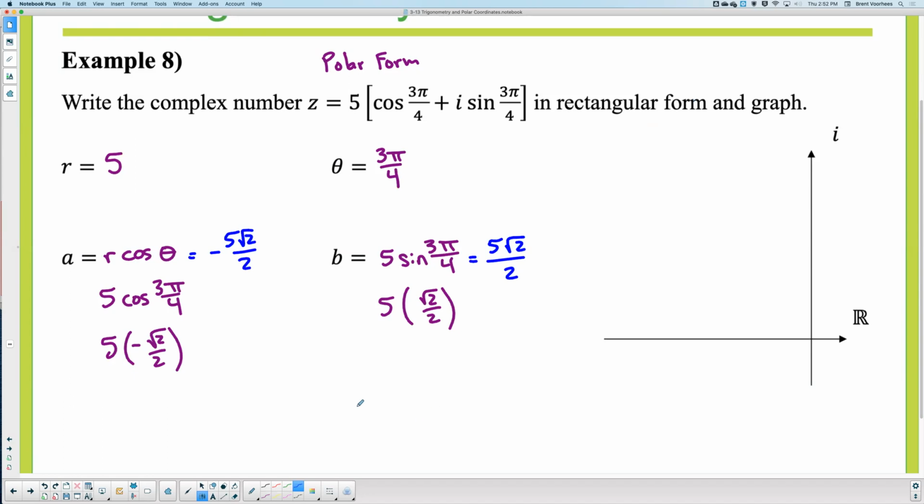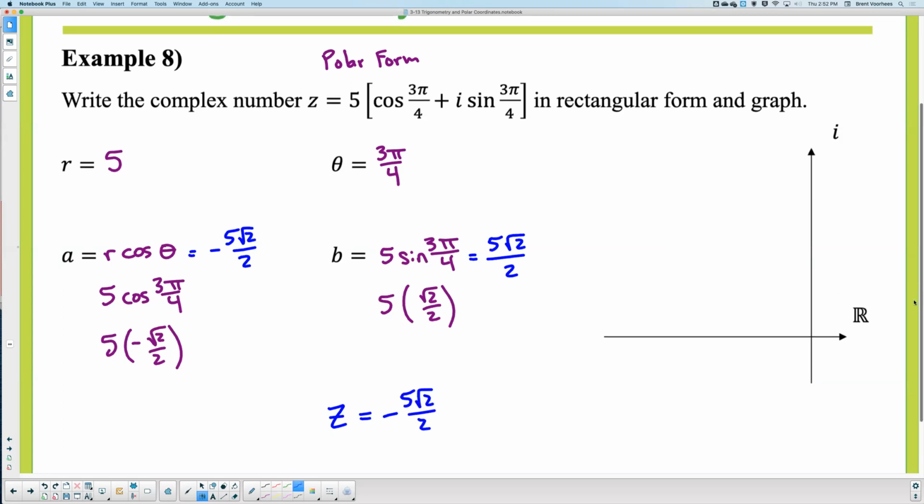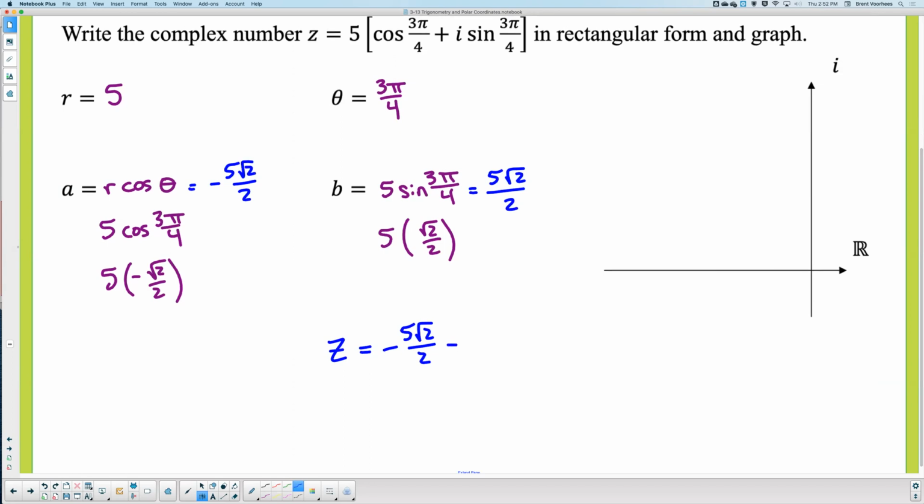And so if I wanted to write it in rectangular form, it would look like this. You'd say z equals negative 5 square root 2 over 2. Let me slide down so you can see it. Plus, because this is positive, actually, a lot of time in rectangular form, I think they put the coefficient first.